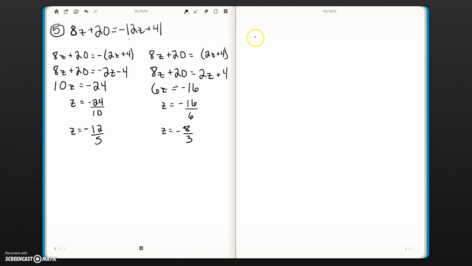Okay, so now I have two possible solutions, and we need to check those solutions. So the first one I have to check is 8 times negative 12 over 5 plus 20 equals negative absolute value of 2 times negative 12 over 5 plus 4.